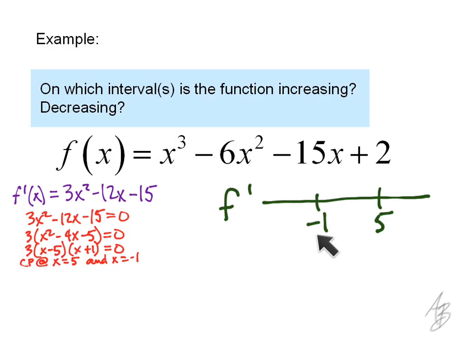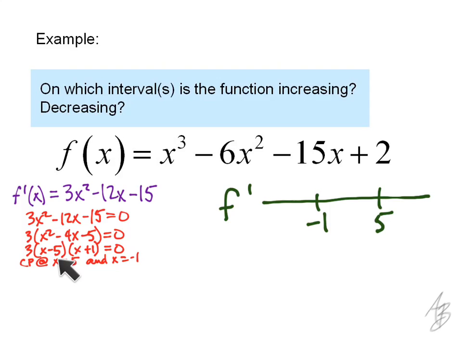Remember, these 2 points here are the only points where the sign can change from positive to negative on the derivative. So if I test any point to the left of negative 1, that's going to be the same as testing all the points as far as sign goes. So is the derivative going to be positive or negative to the left of negative 1?